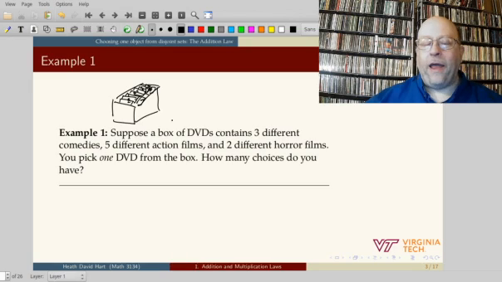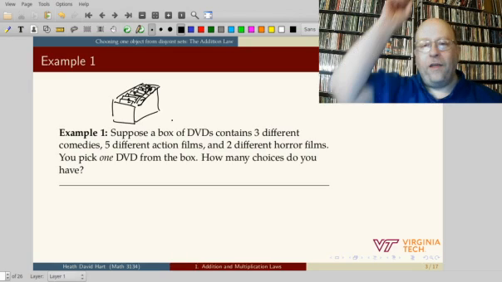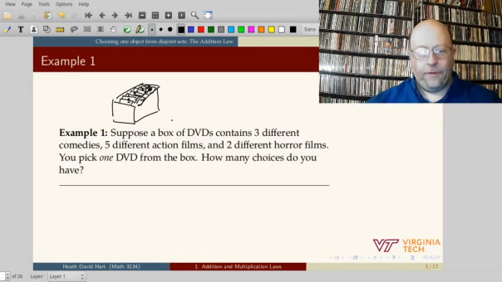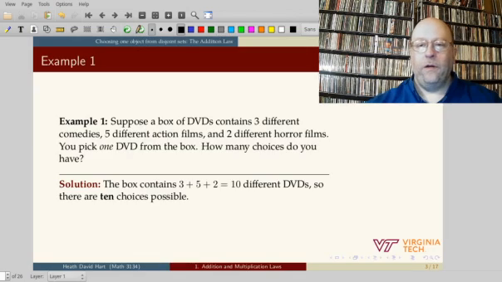I reach into the box and pull out 1 DVD. How many possible outcomes are there? How many choices do I have? Well, it's pretty obvious that there are 10 choices possible. There are 10 different DVDs in the box.